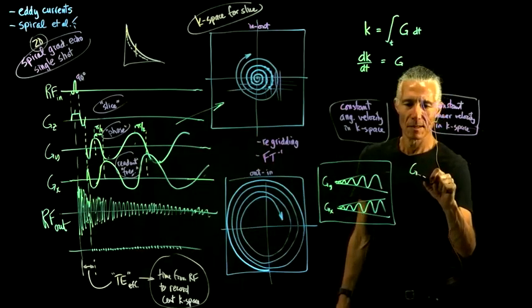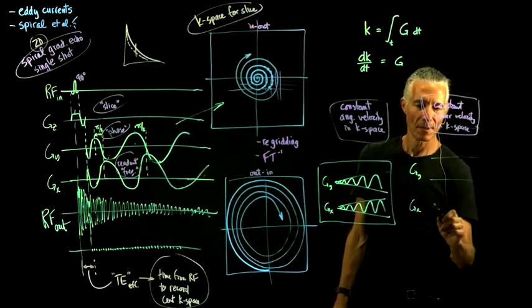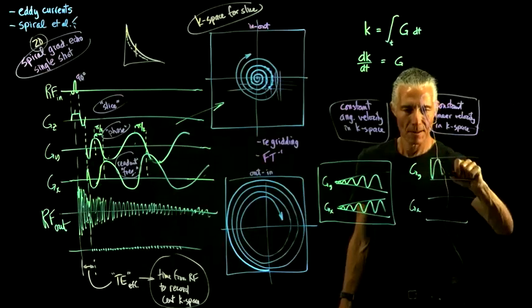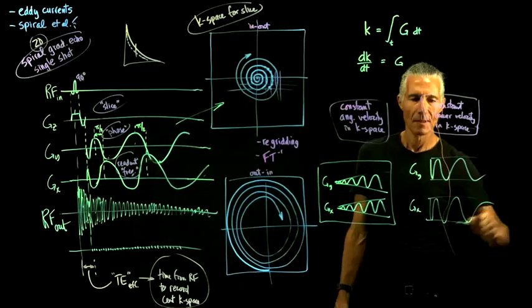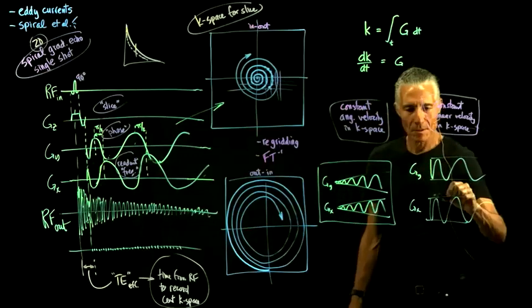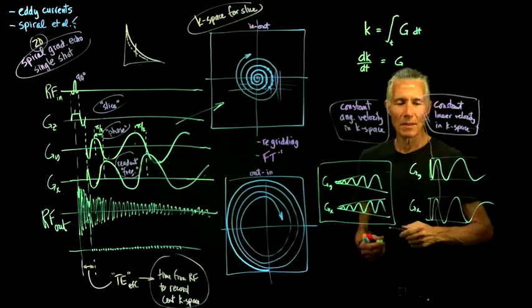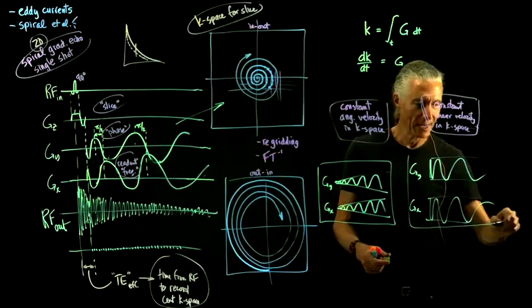So the Gy and Gx look like something spreading out like that. The problem with these is that you're going really fast.